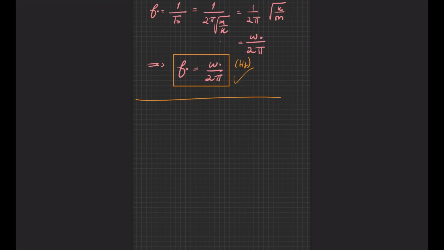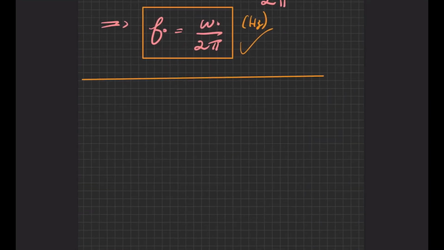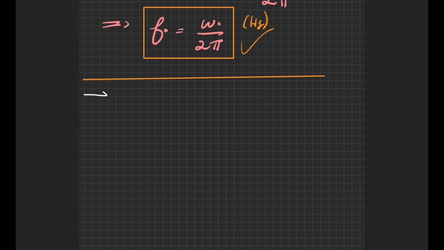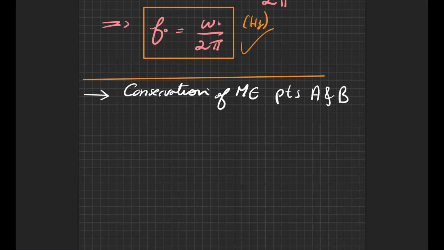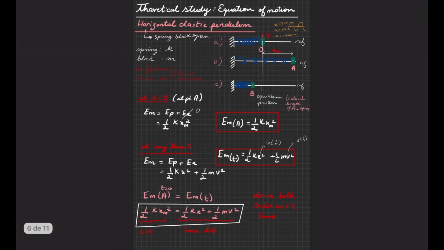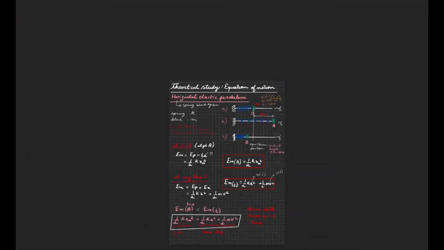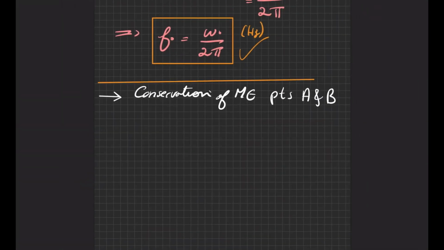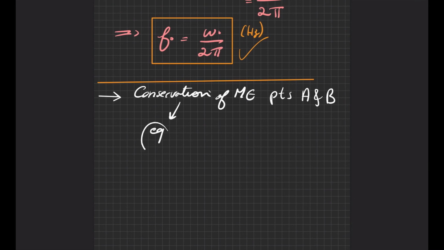Now, if we want to recap what we did, we first started with the conservation of mechanical energy between points A and B. From this, we got an equation, a constant value equal to something in terms of V and X, right?